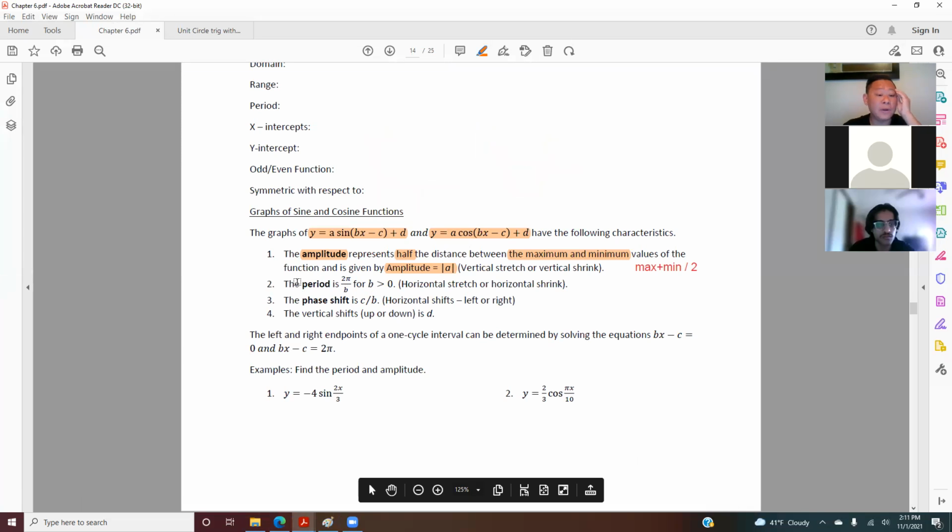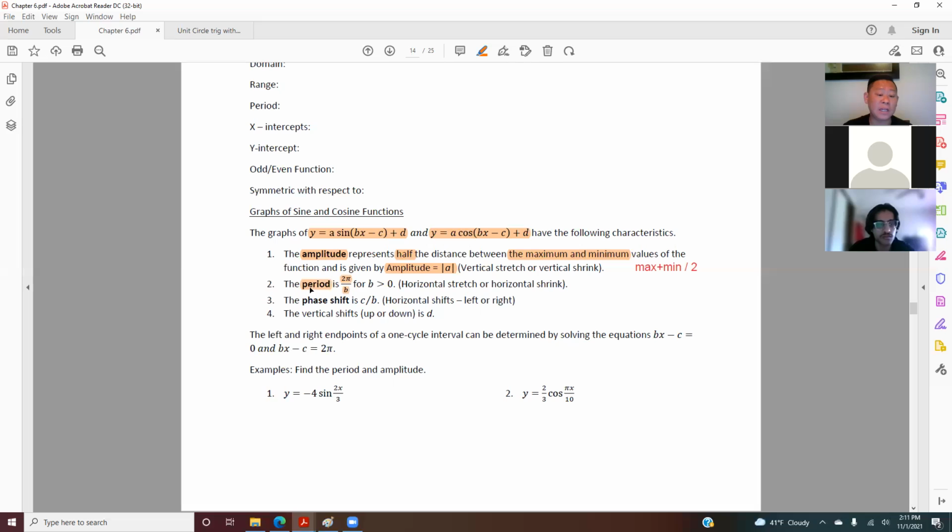Okay, period is the next one. As you know, sine and cosine have a period of 2 pi. That is the basic period. But if you have a b next to your x, then your period will be stretched or shrunk horizontally based on b by performing 2 pi over b.